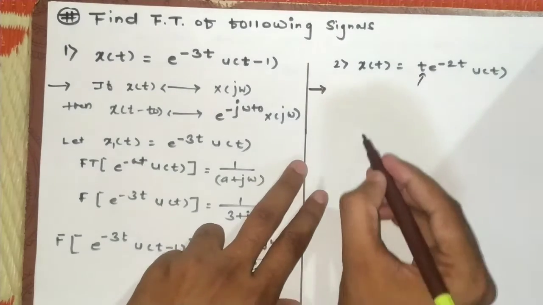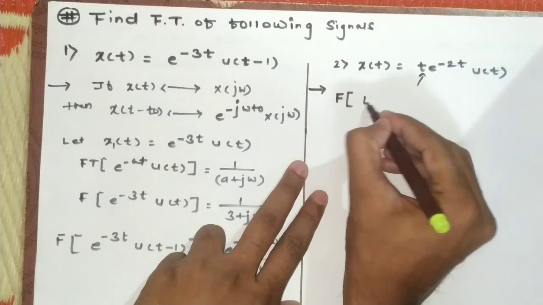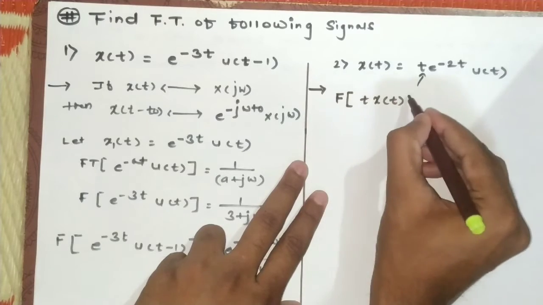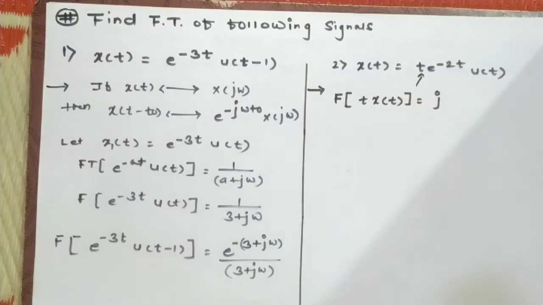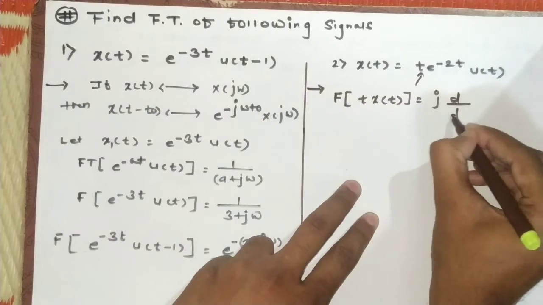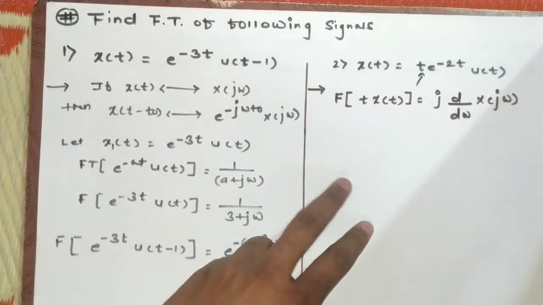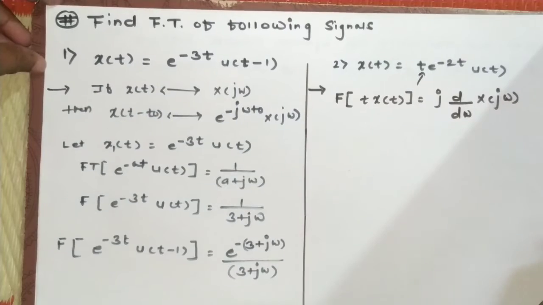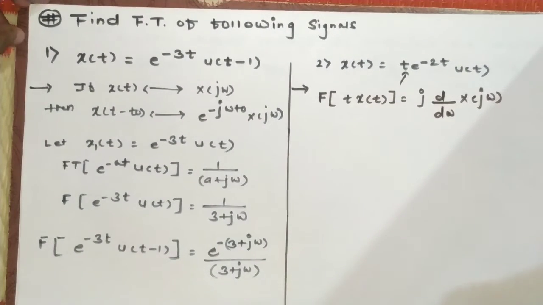That property says the Fourier transform of t x of t will be equal to j into d by d omega of x of j omega. This property is basically known as the differentiation in frequency domain property that we already saw in the previous video.